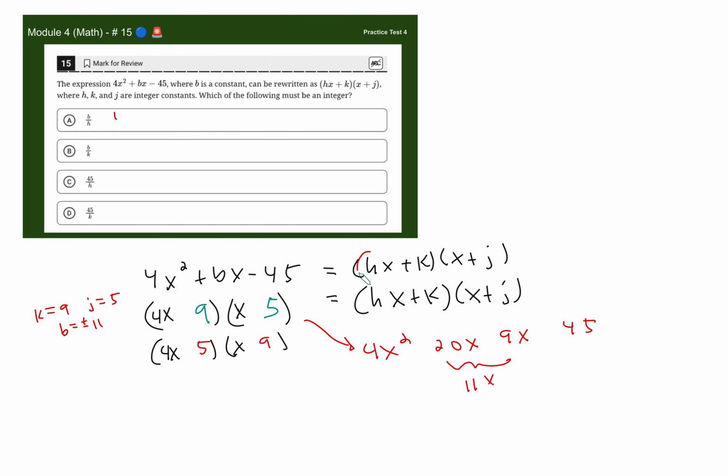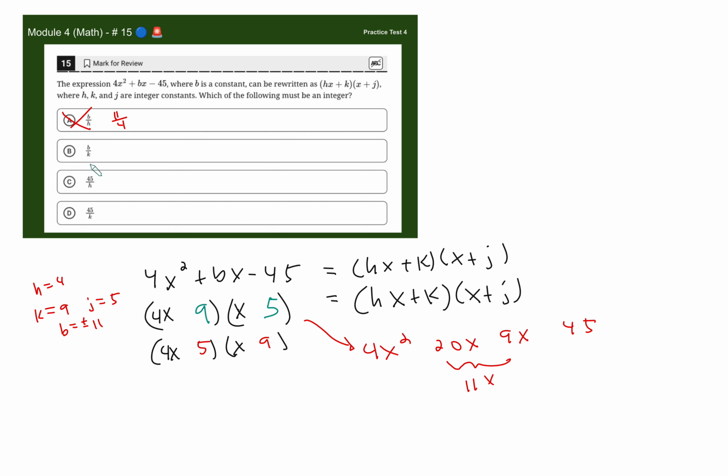So h has to be the first term, which is 4. H is the coefficient on the x over here on the left. So for option A, we have 11 over 4. That's not an integer. That can't be right.